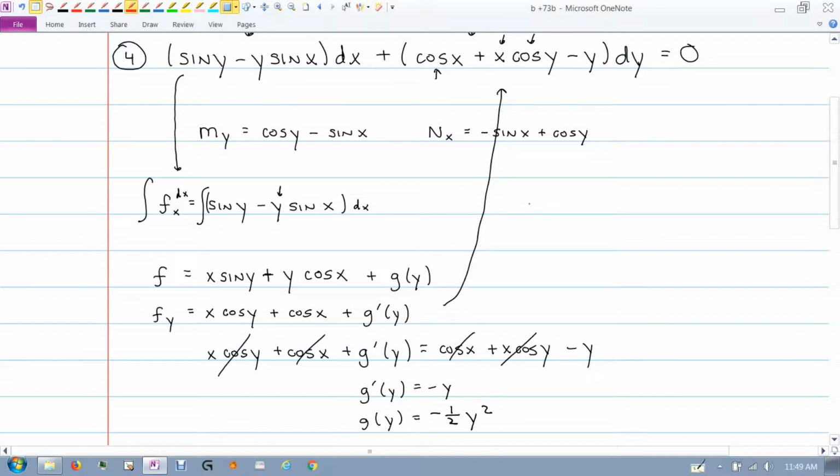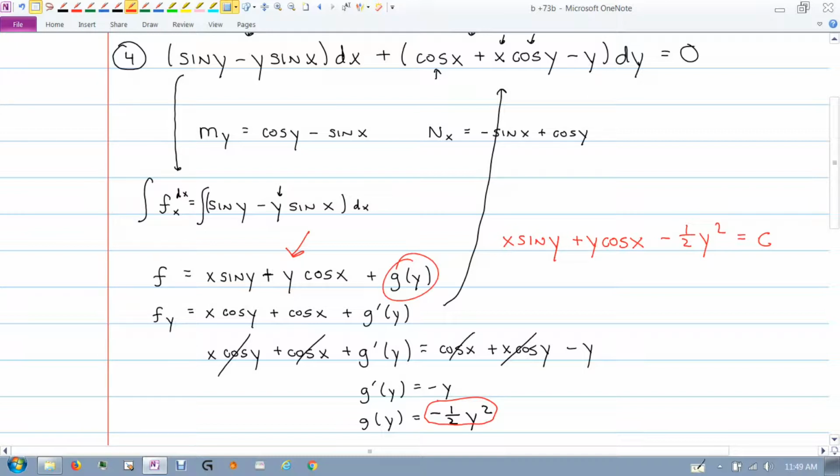So our answer is going to be this function here, and we'll replace g of y with this. So we'll get x sine y plus y cosine x, and then minus 1/2 y squared equals some constant. All right, and that is number 4.